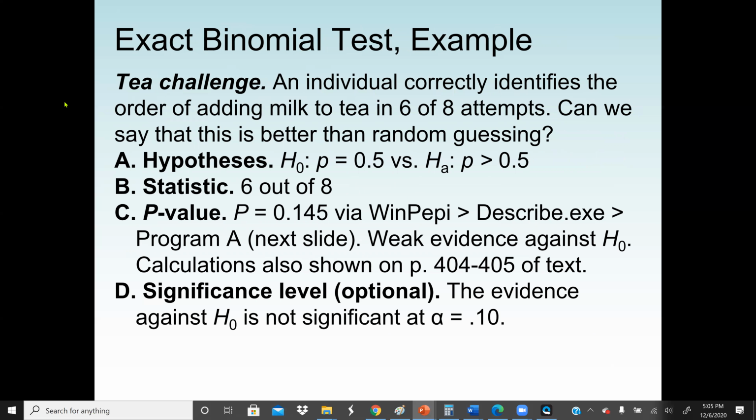So let's see this example. We have a tea challenge. An individual correctly identified the order of adding milk to tea in 6 of the 8 attempts. Now, can we say that this is better than random guessing?